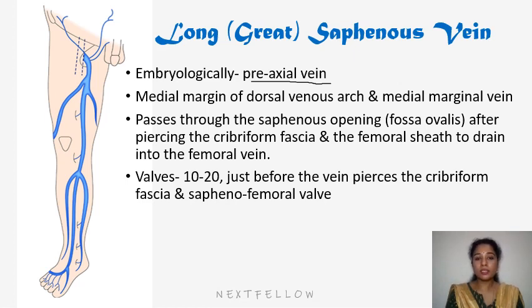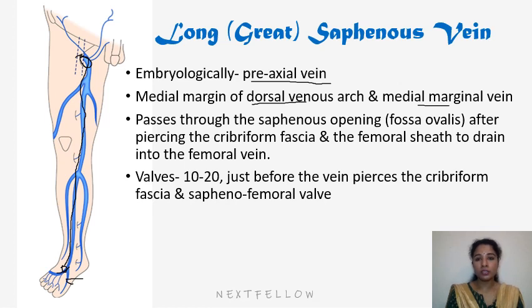So the dorsal venous arch and medial marginal vein both join to form it. We can see here, this is the medial end of the dorsal venous arch and this one is the medial marginal vein. They join to form the long saphenous vein which goes like this and finally terminates at the saphenous opening at the saphenofemoral junction.